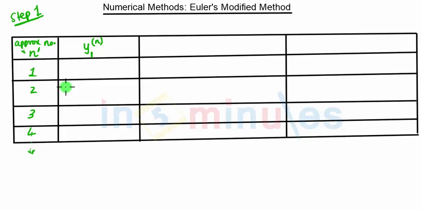Then we calculate Sn. Sn is nothing but f of x1 comma y1 raised to n. Since this is the first step, here we will write y1 raised to n equal to something. Then y1 n plus 1 is nothing but y0 plus h by 2 times s0 plus sn.